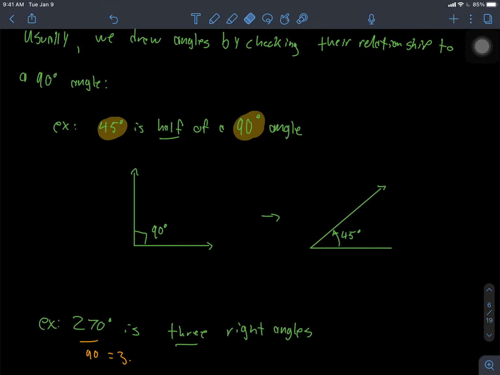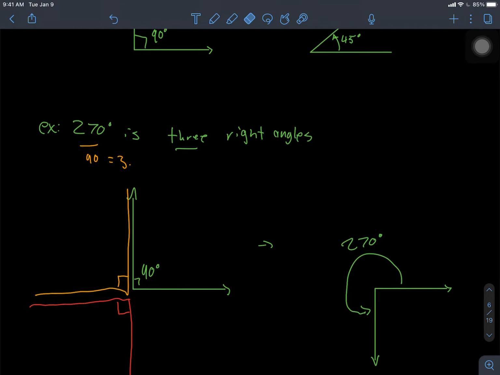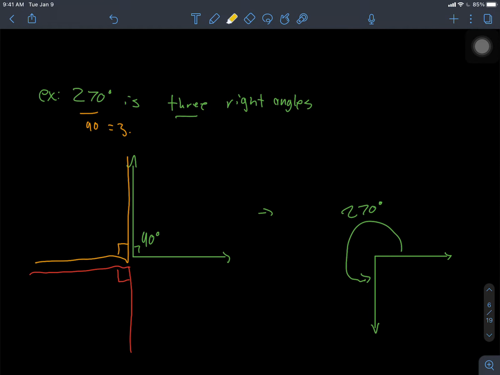And we can also do things which are more than 90 degrees by considering something like 270 degrees. If I do 270 divided by 90, I get 3, which tells me that I get 3 right angles all lined up next to one another. So the 270 degrees will be all the way through these 3 right angles.